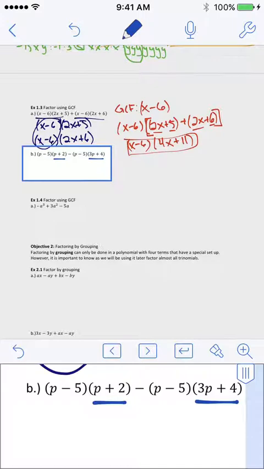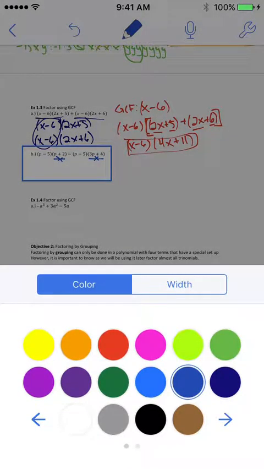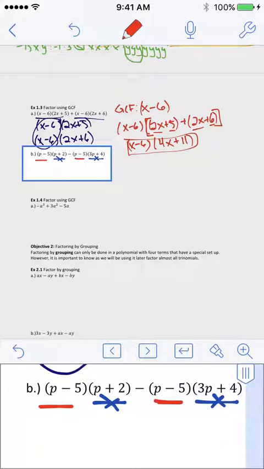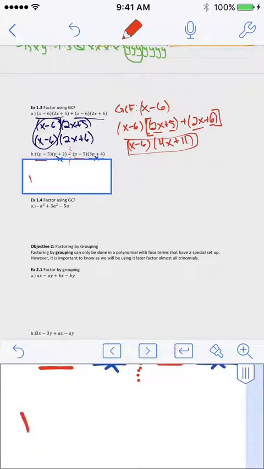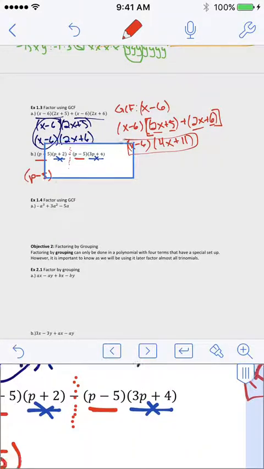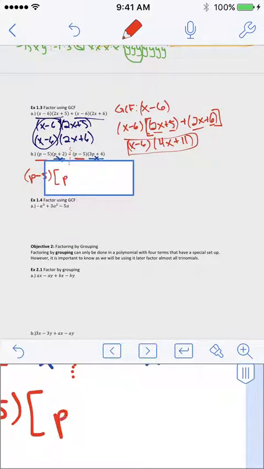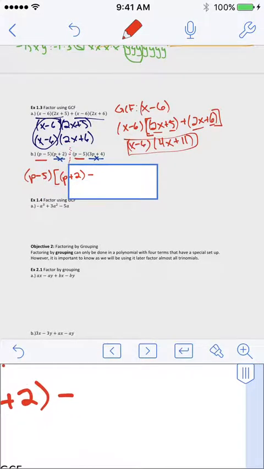They don't have a p plus 4 in common, so it's neither one of those. What they do have in common is a p minus 5. If we think of this as two separate terms, p minus 5 is what they have in common. So we'll take that out. p minus 5. What's left over is a p plus 2 minus a 3p plus 4.